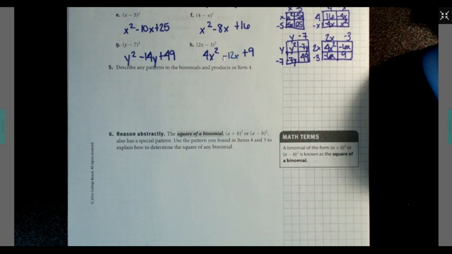Describe any patterns in the binomials and products in item 5.